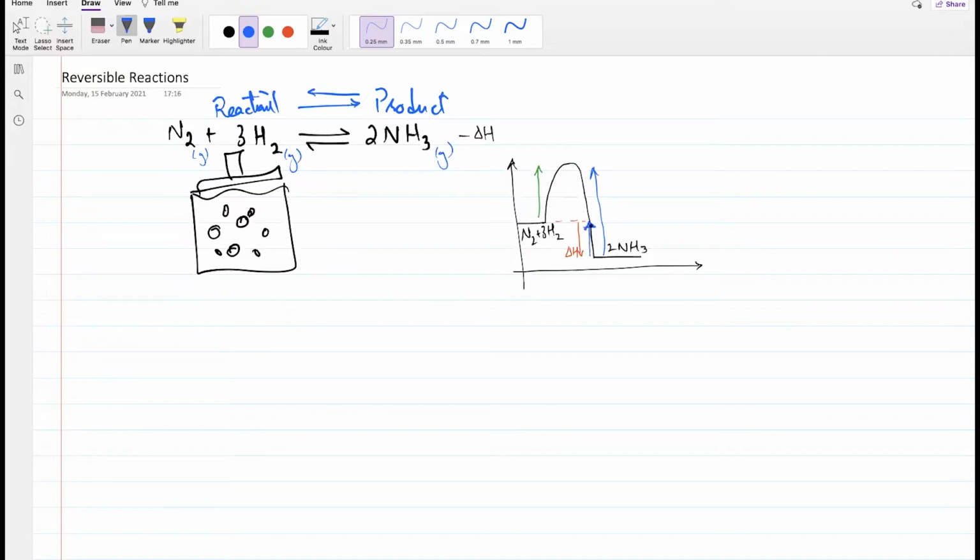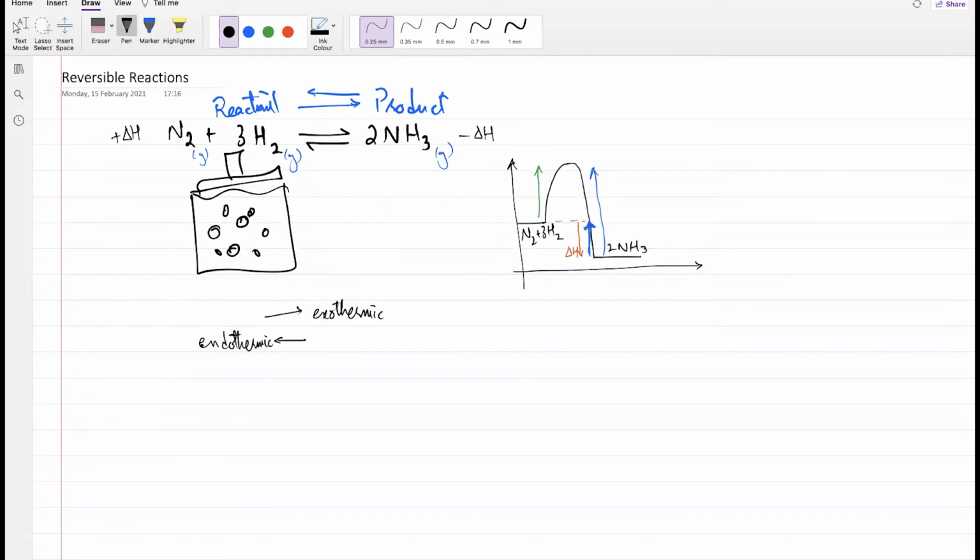You can notice that the delta H amount is exactly the same as previous. Red and blue arrows are the same, except the direction is opposite, which means if the reaction is going backward, it will be positive delta H. So if this is exothermic in this direction, then it will be endothermic in that direction.